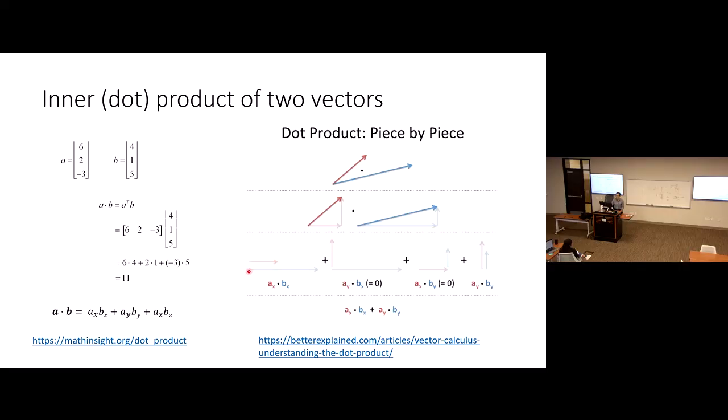So ax multiplied by bx, plus bx times ay. However, because these two directions are orthogonal to each other, the product will be 0. So they cancel out, basically. And then ax times by, because they are orthogonal, there's no impact on each other, so the result is 0.